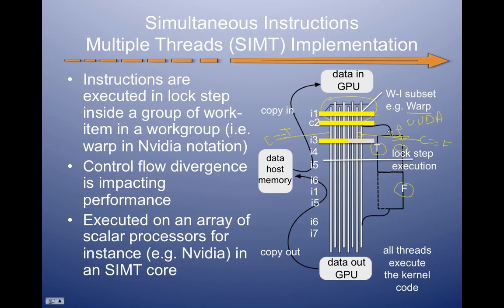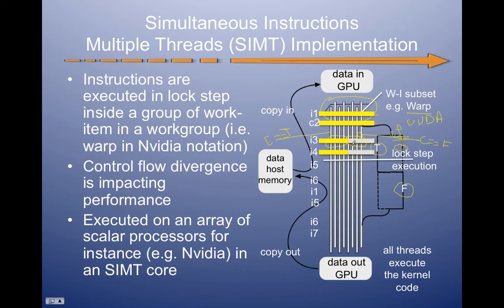After the if, the threads for which the conditional is true will execute the instructions, they will have an effect, and the threads for which the conditional is false are masked, and the instructions won't have an effect on the machine.